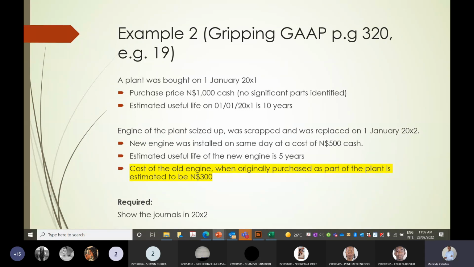What will you do now at 20x2? What will you do? You record the one for the disposal for the plant. Yes, you record that.